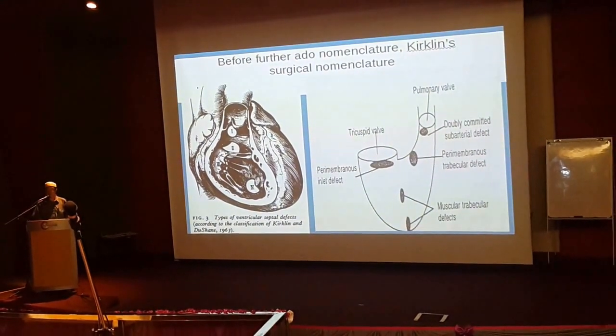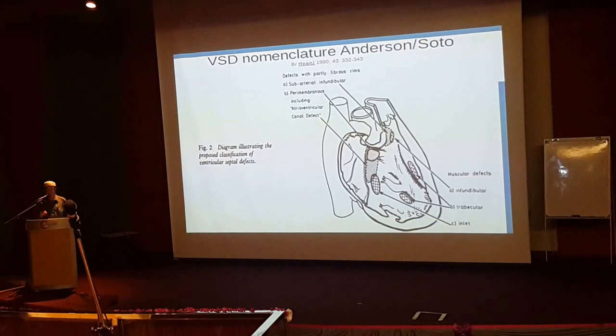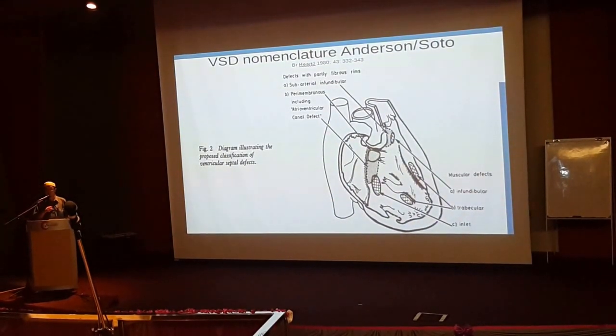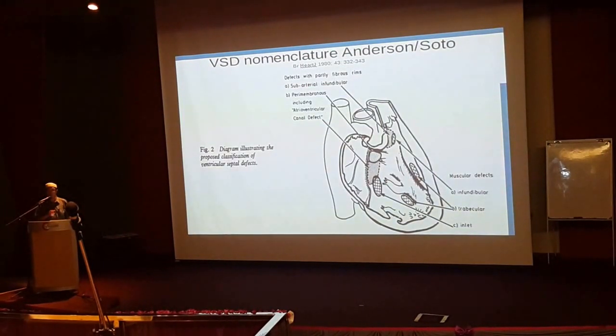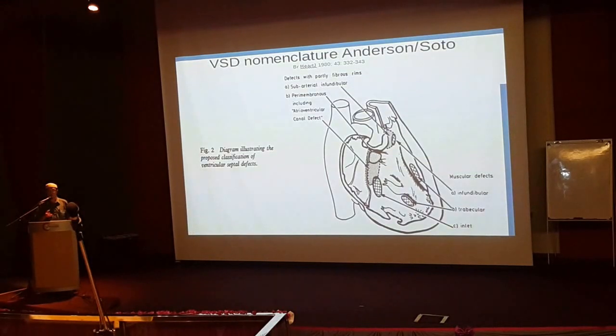Prof. Anderson and his group decided to give them names. So we have the perimembranous defects, which are around the membranous region of the ventricular septum, seen from the right ventricle. Besides that, we have the inlet regions and the outlet regions, as well as the muscular or trabecular regions.